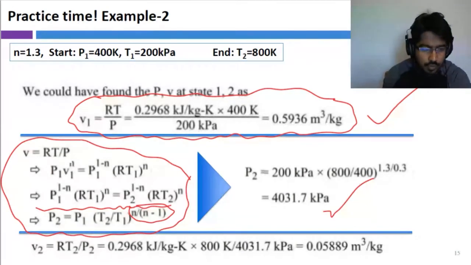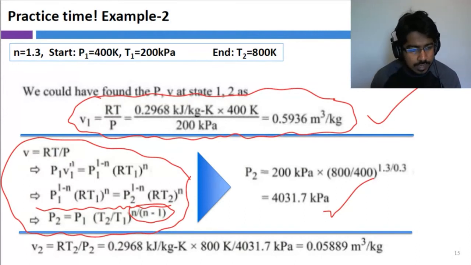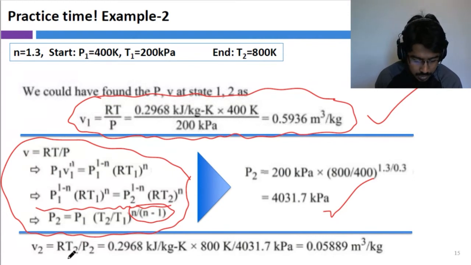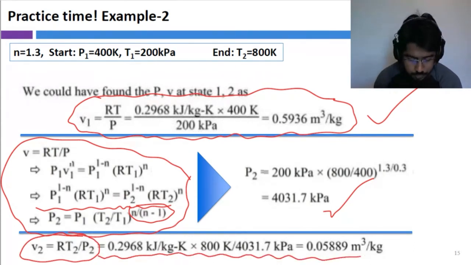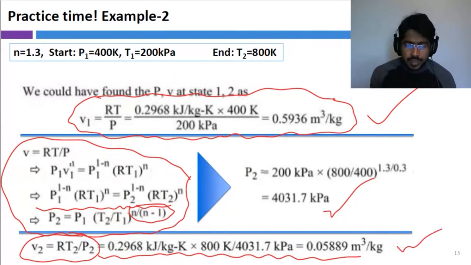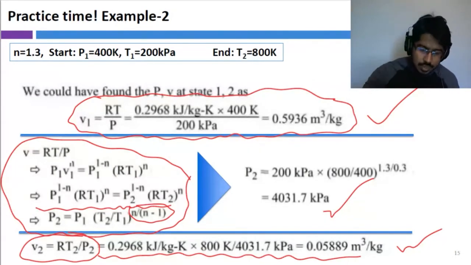And then we can use the polytropic relationship, or else we can use this equation, the ideal gas equation, to find the specific volume at state 2. So now we can see that V1 is greater than V2, right? V1 is roughly 0.5 and V2 is roughly 0.05.